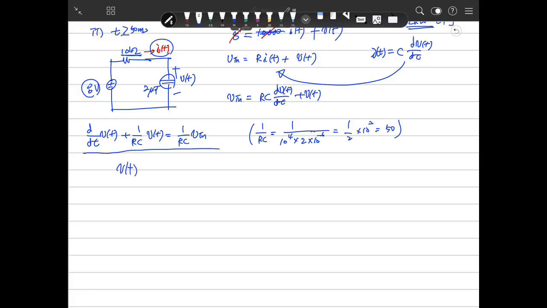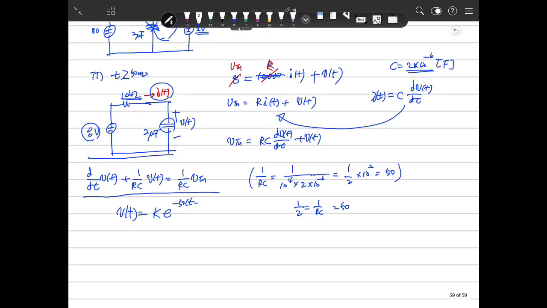We got our Vt is K exponential minus t over tau. 1 over tau is the same as 1 over RC, so that will be 50. So the important thing is what happens at this second, when the change happens: 50, so 0.05 multiplied.